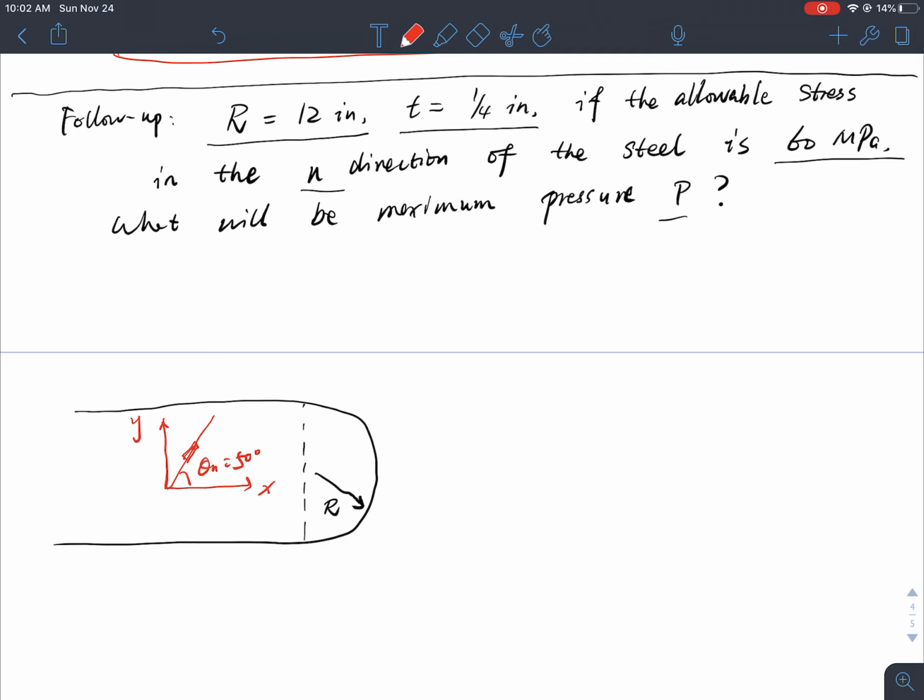My question is, if I try to limit the stress in the n direction right here, it has to be smaller than 60 megapascal. What will be the pressure?